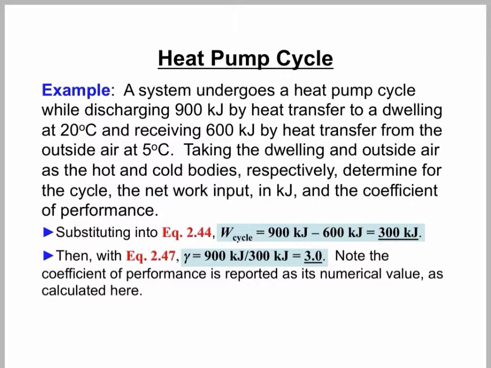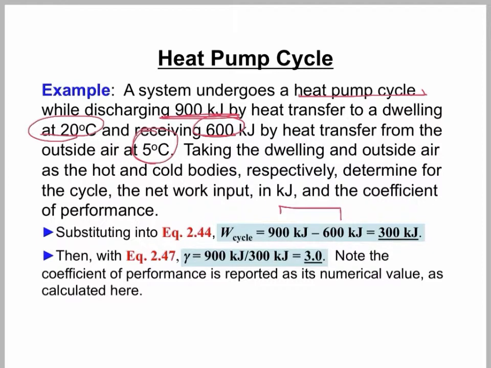We've got a heat pump cycle. It will deliver 900 kilojoules of energy into the dwelling, which is currently at 20 degrees C. It will receive 600 kilojoules of heat from the outside air, which might be at a much colder 5 degrees C. We know that the work is going to be the Qout minus the Qin, and that will be 300 kilojoules.